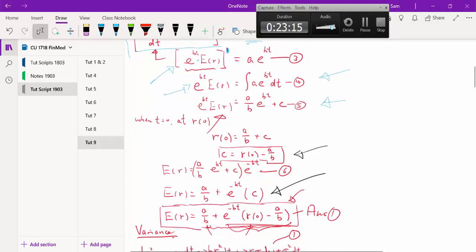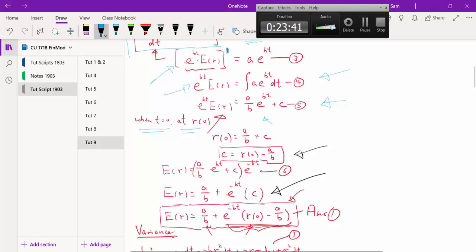You say that at the very beginning, when time is equal to 0, at t equals 0, r naught should be equal to just a over b plus c, because the exponential term will disappear.